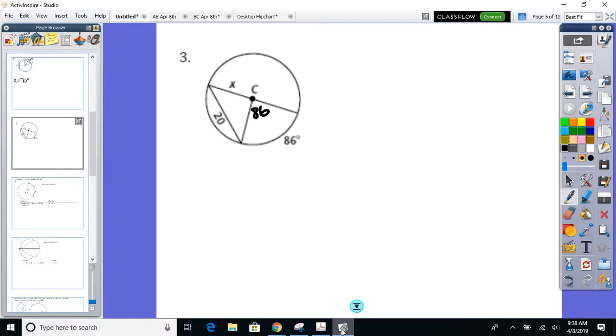Can you find the angle next to it? How do I find the angle next to it? They're supplementary. 180 minus 86. That's 94.